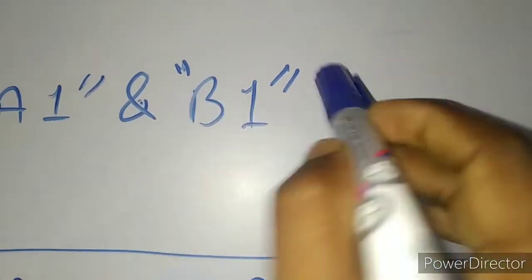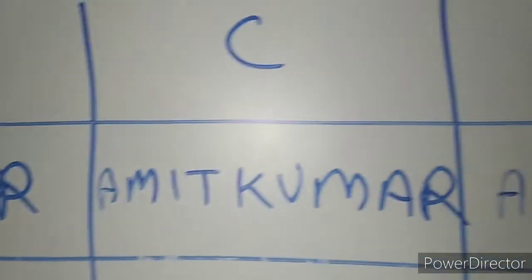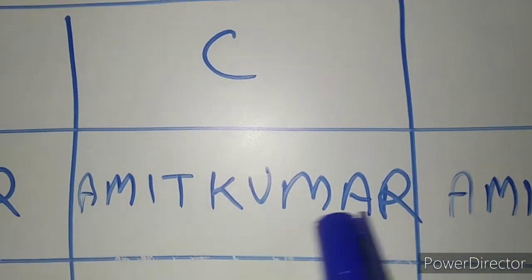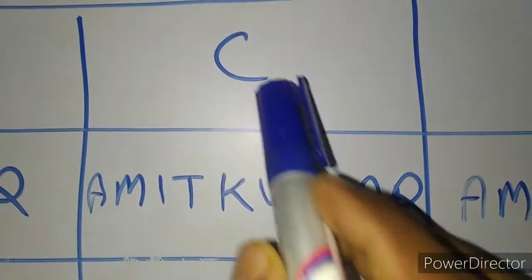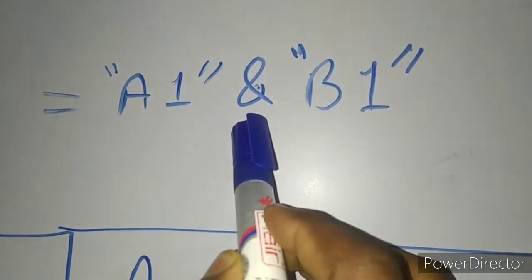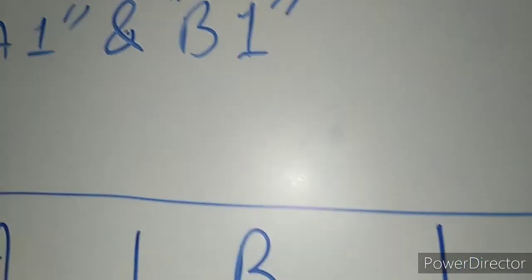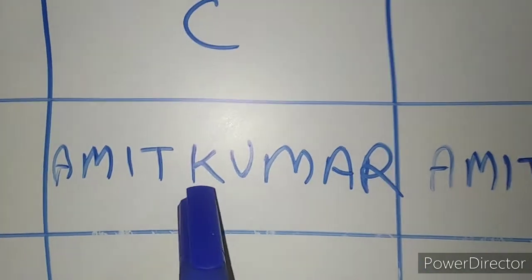Then when enter is clicked, Amit Kumar will be written in C. When we write this formula, equal to A1 & B1, and click enter, we find Amit Kumar.